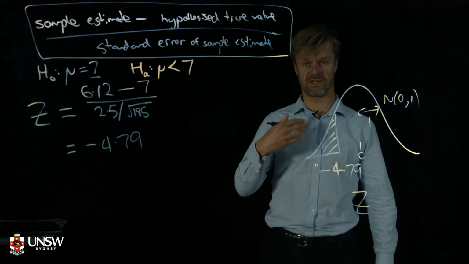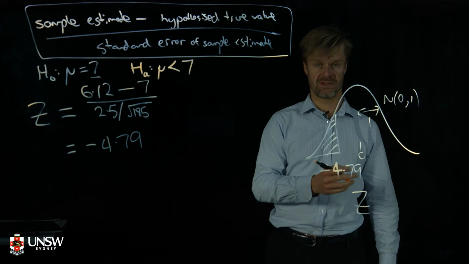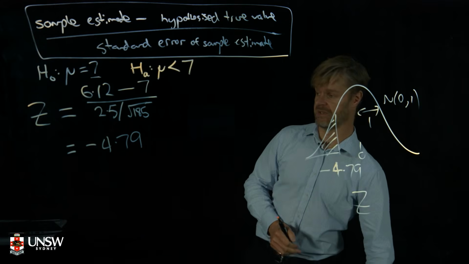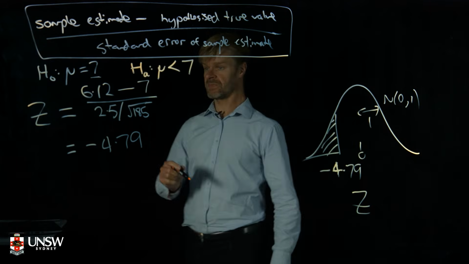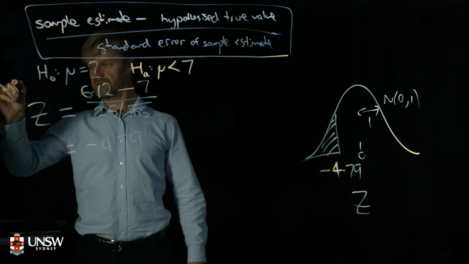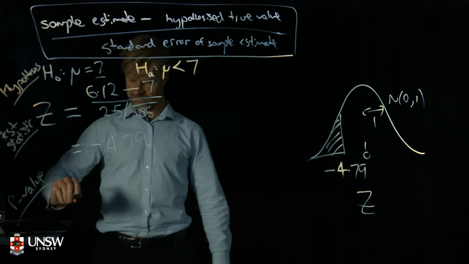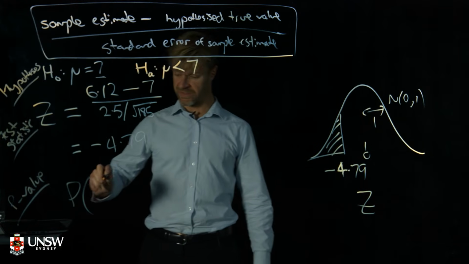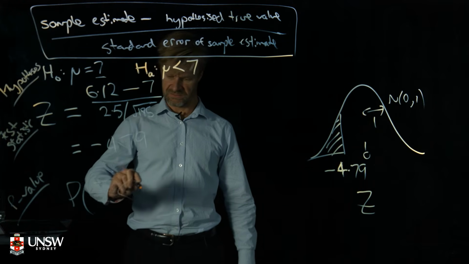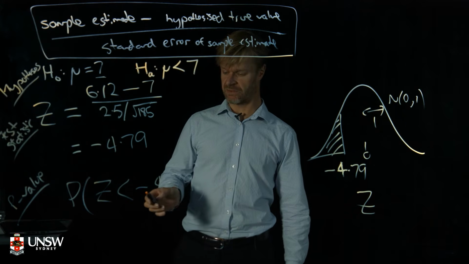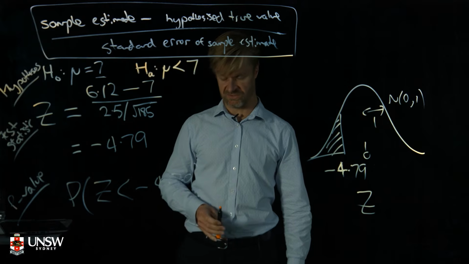And we're doing that to get a measure of how unusual it is to get something as small as minus 4.79 from a standard normal. So we are going to calculate this probability here as a measure of how small this is if it's unusually small.